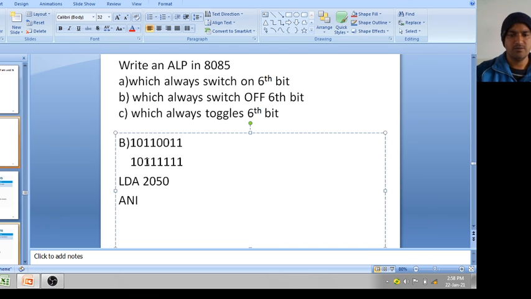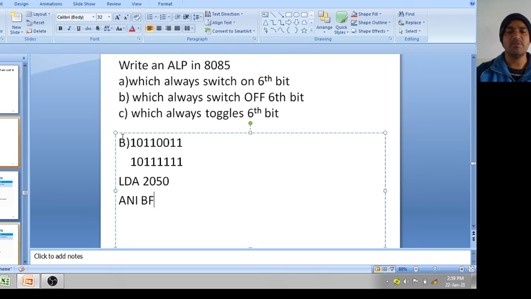What is this? 1011, this is B, 8 plus 2 plus 1. So you will perform B and what? F. ANI BF. It will always switch off the 6th bit because we are performing the AND operation and here there is always bit 0 and the rest of the bits are 1. So this AND operation will not affect the rest of the bits.